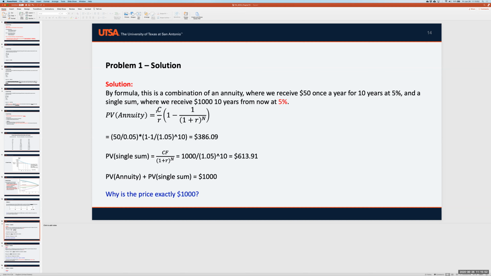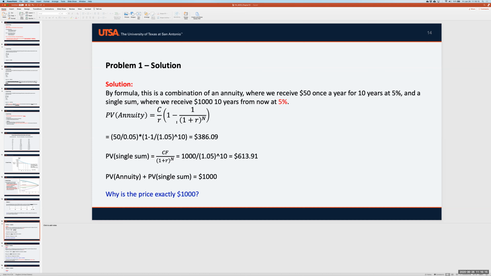This is the coupon payment, this is the interest rate, 1 minus 1 over (1 plus r) to the power n. This is the formula for the present value of an annuity. So you can put the values here: $50 coupon payment over r, which is 5%, multiplied by 1 minus 1 over (1 plus 5%) to the power of 10, for 10 years.